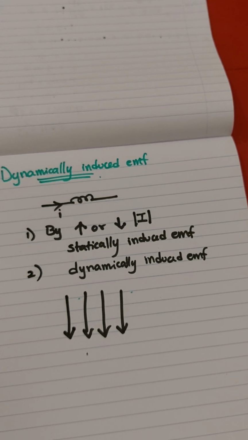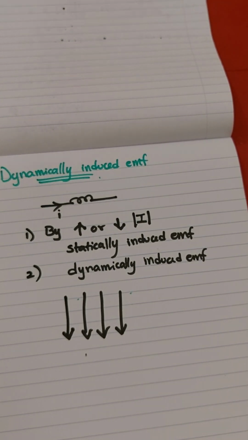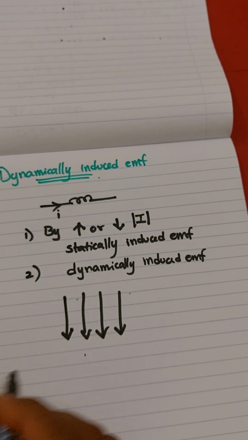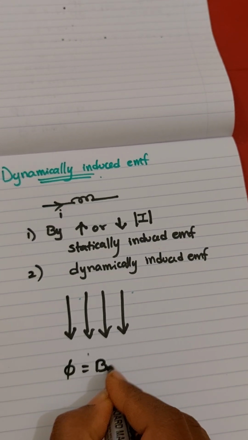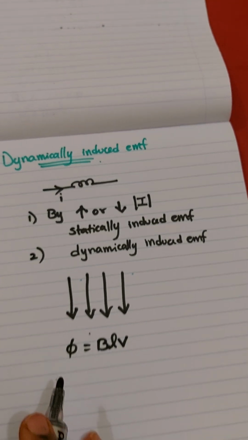So whenever I am talking about EMF induced, here we are getting a flux which is cut per second. This flux is nothing but the flux density with its length and velocity. So I can say that flux is equal to BLV, flux density, length and velocity.